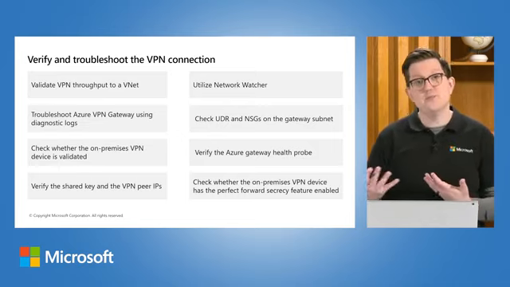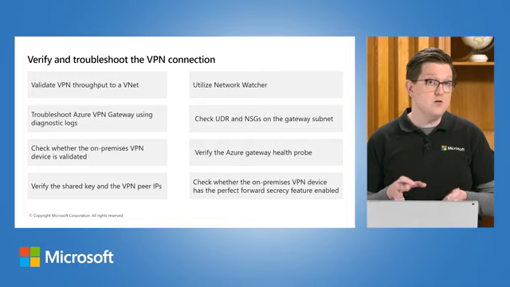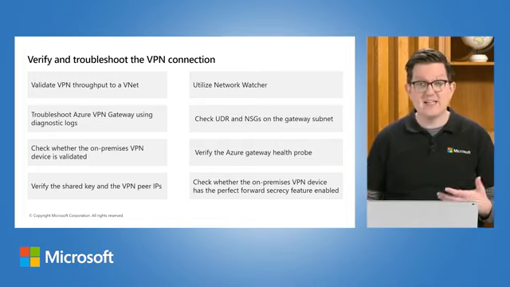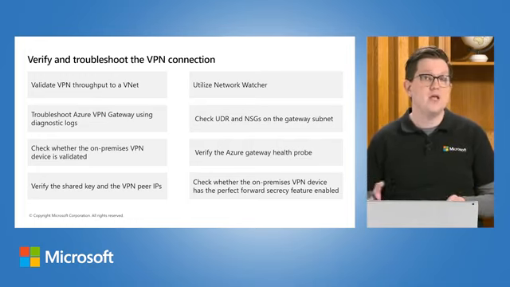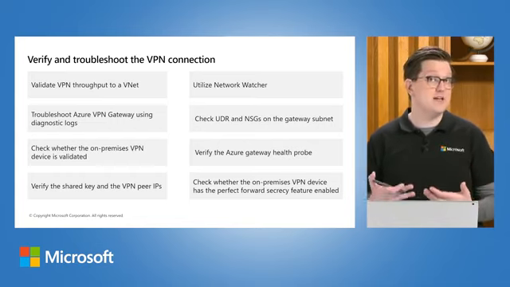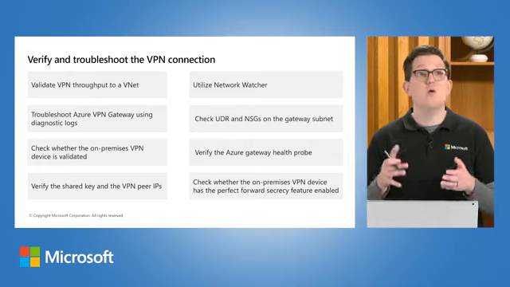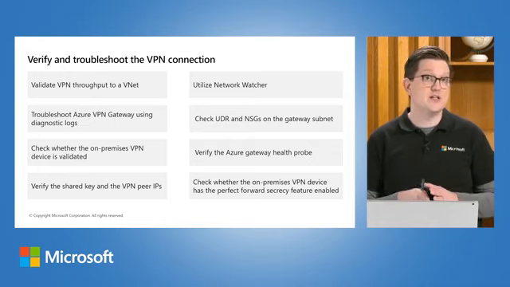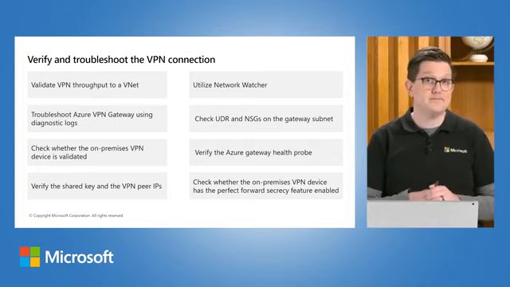We also have simple gateway health probes that you can make use of just to make sure and validate that everything is working correctly. Never presume that everything is fine just because you've configured the bits and pieces in the right order. Always verify and double check that it's all working correctly.